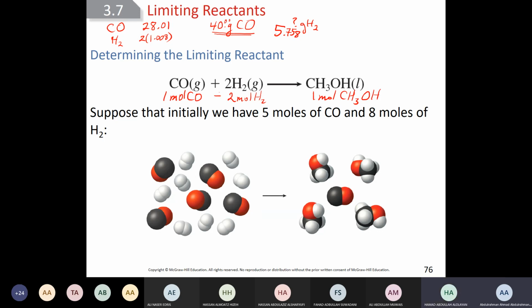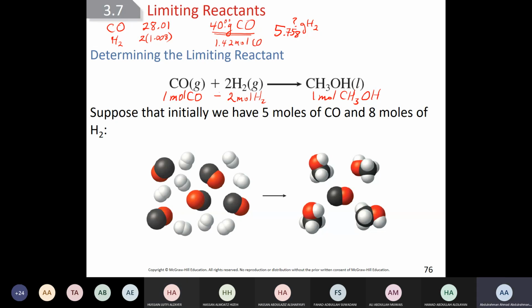Doctor, can you explain a little bit again, please? I didn't get it. Okay. First, change the 40 grams CO into mole. Can you change it to mole? Yes, it's 1.42, I think. 1.42 mole CO, right?